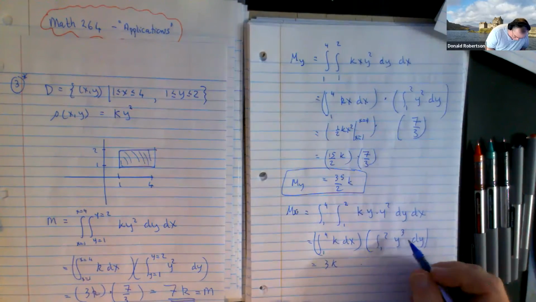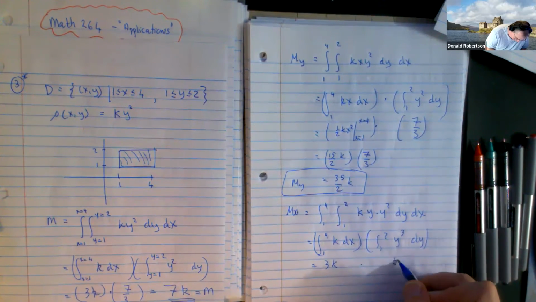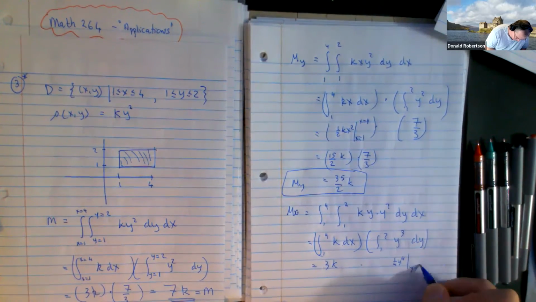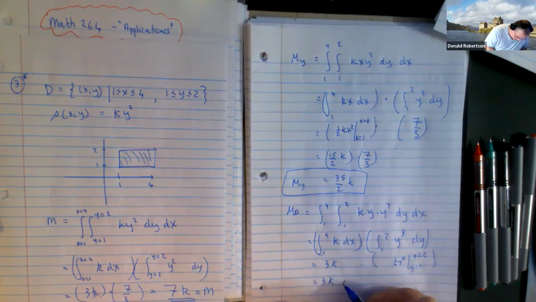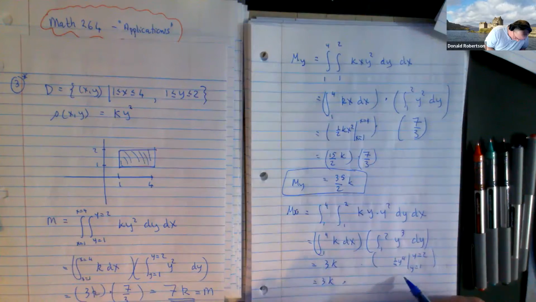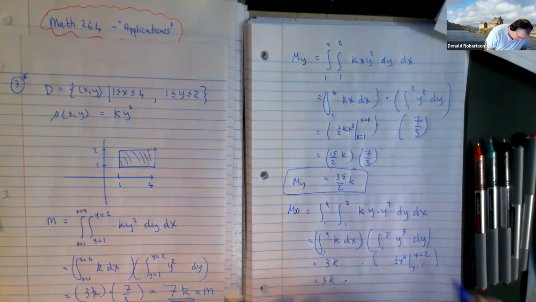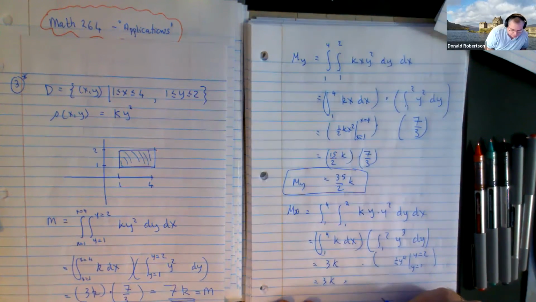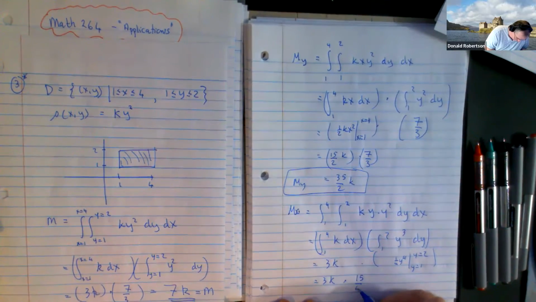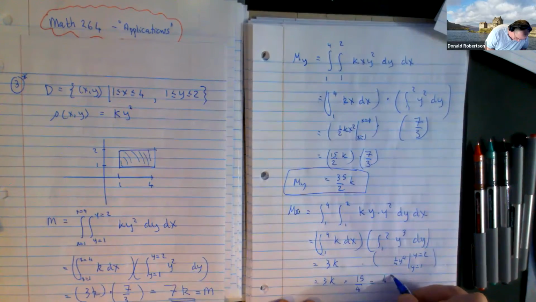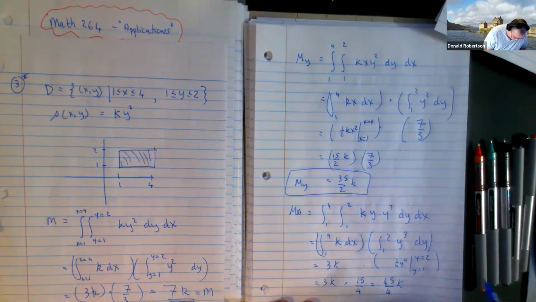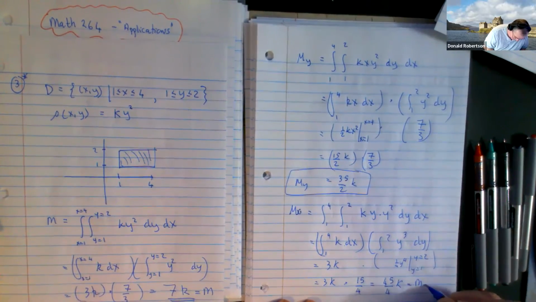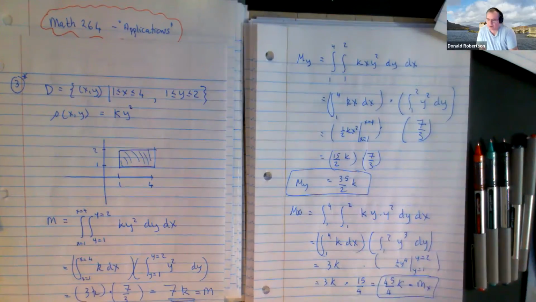And that guy gets you 1/4 y to the 4. So I've got 3k here. Okay, 2, 4 cancels 2 of them. So you get 4. 4 take away a quarter leaves you 3 3/4, which is 15 quarters. So this time I get 45 quarters k. And that's my mx guy. Does that look good?